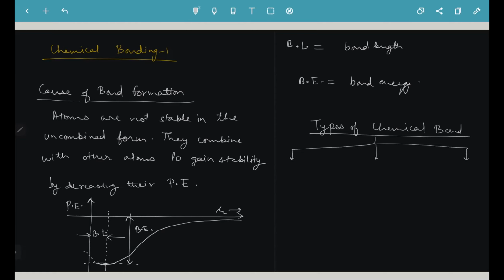Broadly speaking, chemical bonds can be classified as ionic bond, covalent bond, and metallic bond.